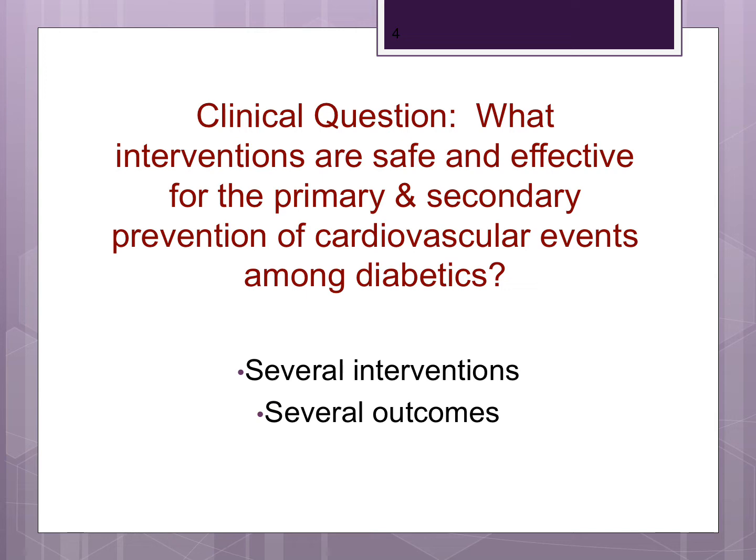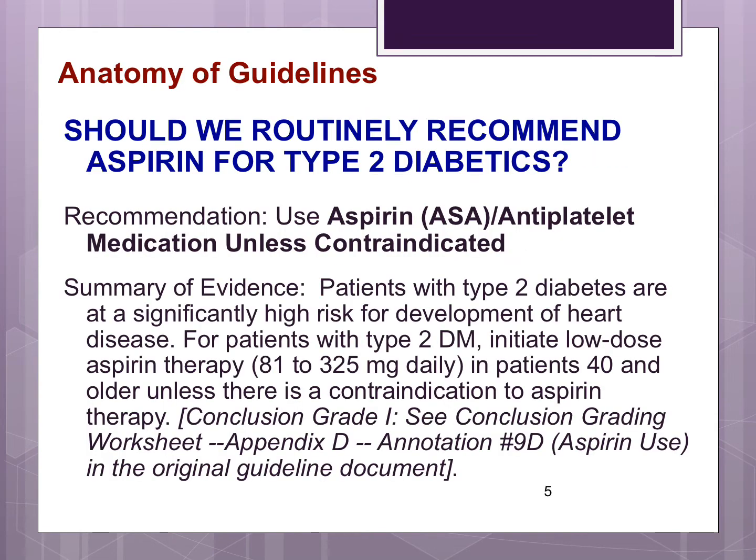But what if we talk about the drug aspirin? In the past, if the question was, should we recommend aspirin for persons with type 2 diabetes, the recommendation was to use aspirin, or any antiplatelet medication if aspirin is contraindicated.